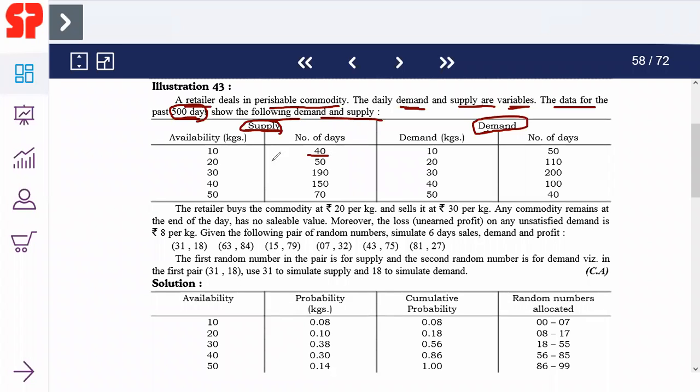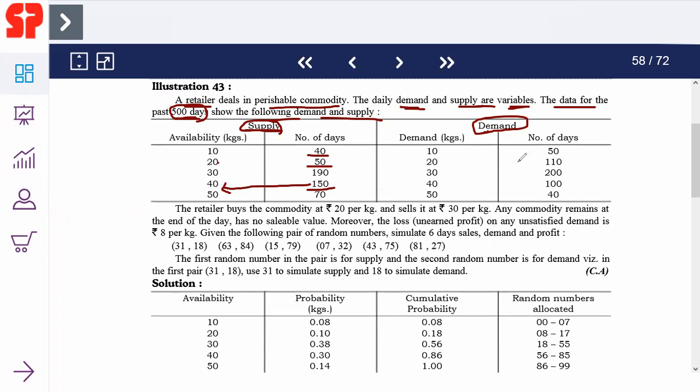Like that you can understand. On 50 days, 20 kgs are available with him. Supply means what is available with the retailer. On 150 days he finds that he has a stock of 40 kgs with him. So these are his historical patterns.